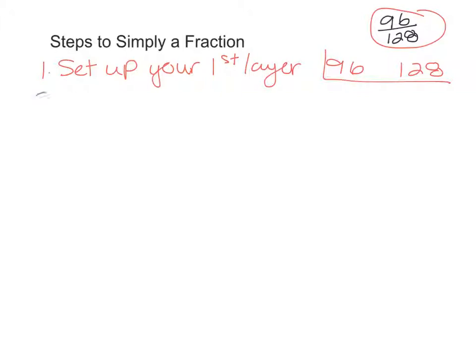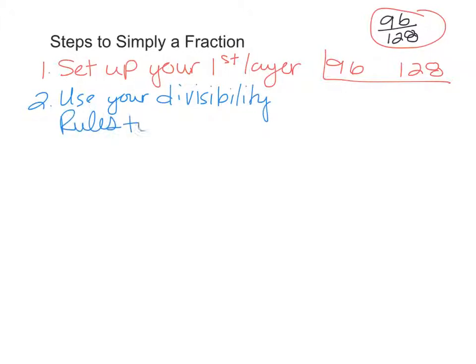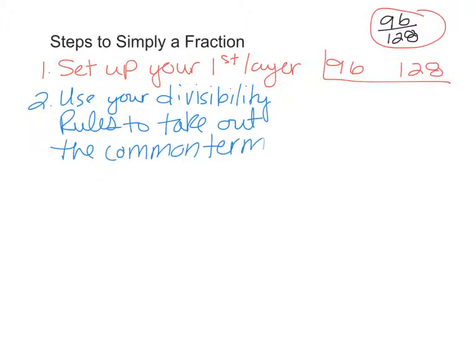Step 2, you are going to use your divisibility rules to take out the common term. So on this one, they're both even, so we're going to start with 2.